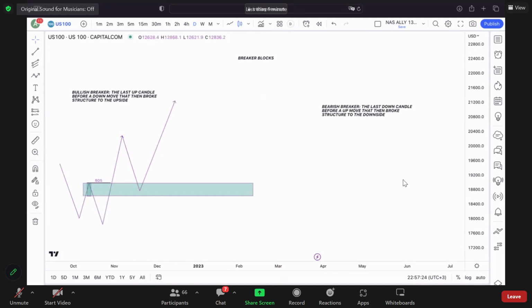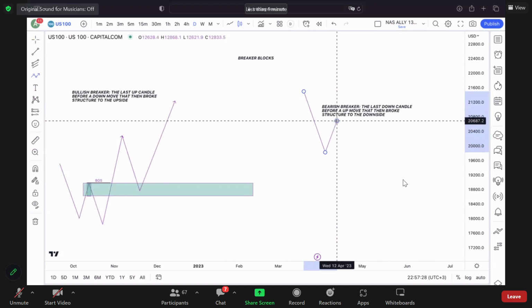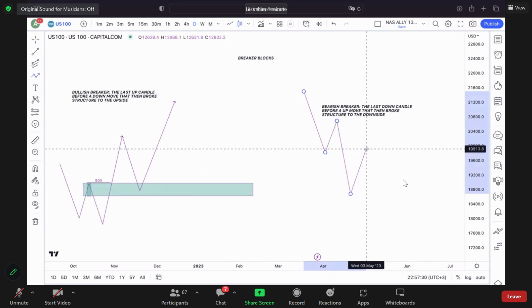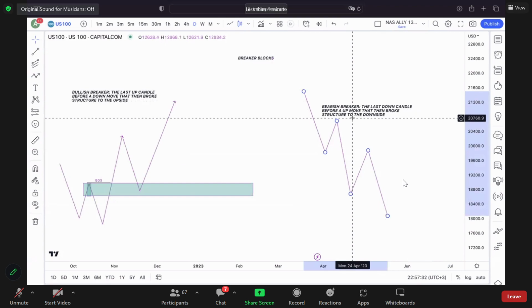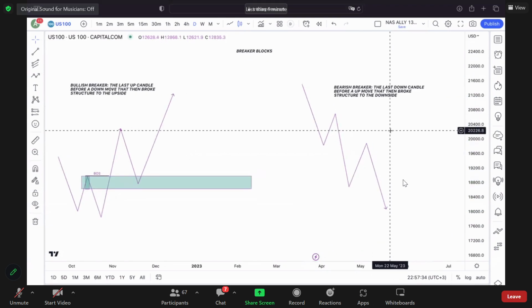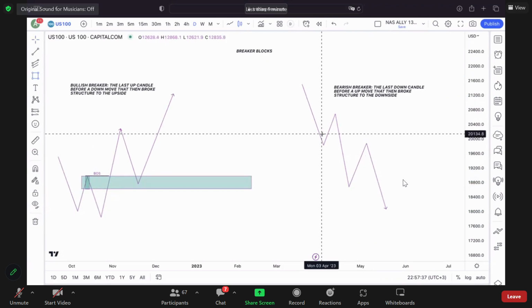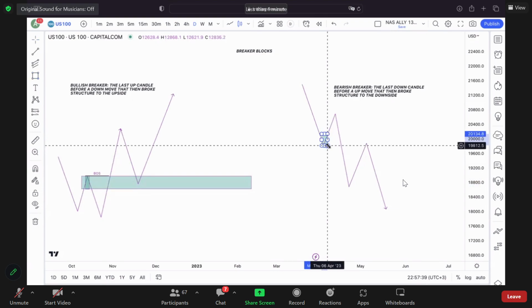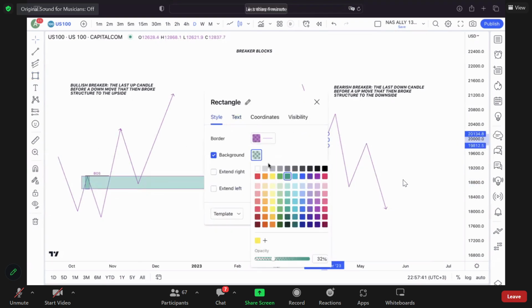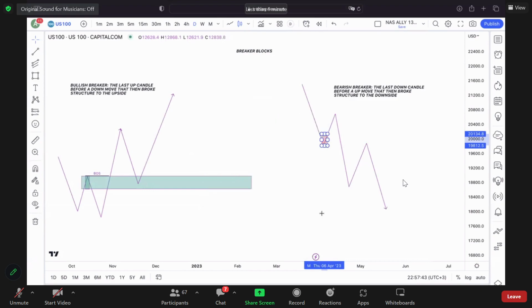For a bearish one, we would have the last down candle before an up move that then broke structure to the downside.